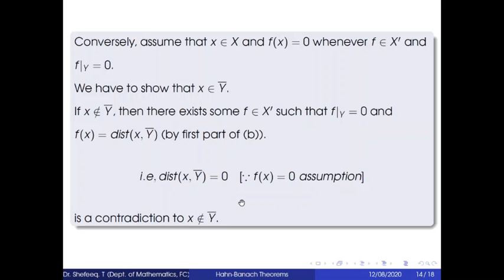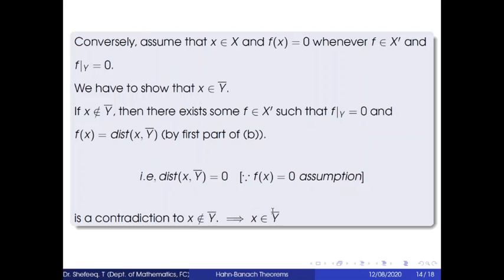So we have assumed x does not belong to Y bar and arrived at a contradiction. So that means this assumption is wrong, that means x belongs to Y bar.